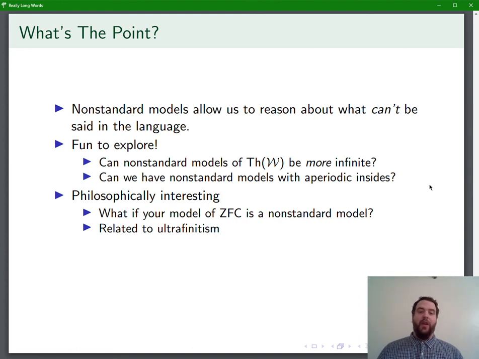in the language, right? We have these two structures: the word logic and the non-standard model that we produced. Everything that you can say in the language that's true of one is true of the other. Every formula in this logic that's true of one is true of the other.